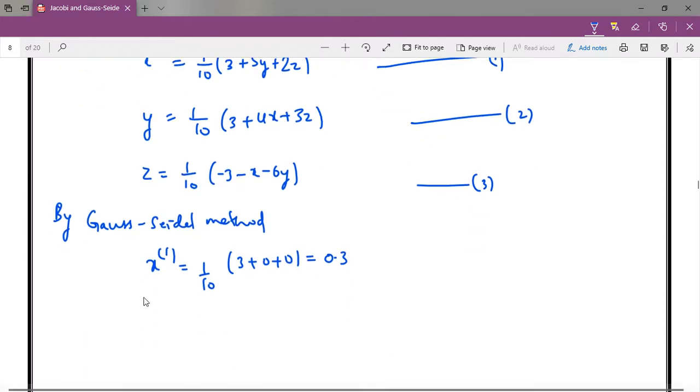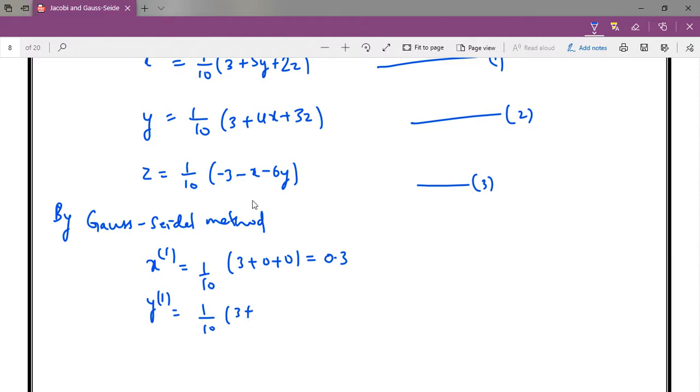While finding y1, it is 1 by 10 into 3 plus 4 x1. Instead of x0 we use x1, that is 4 into 0.3, plus 3 z. Z is 0 because we have not got the latest value, so this is 0.42.